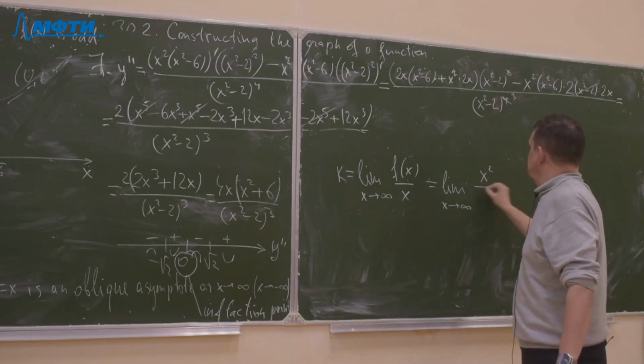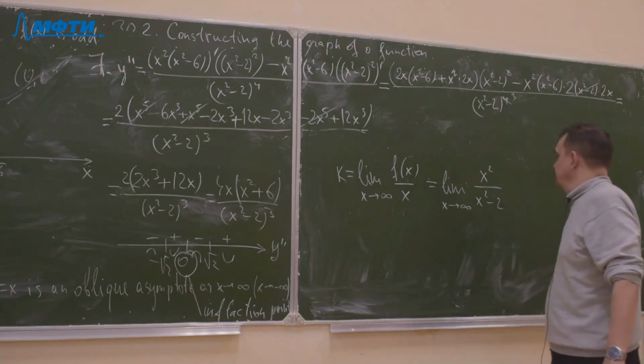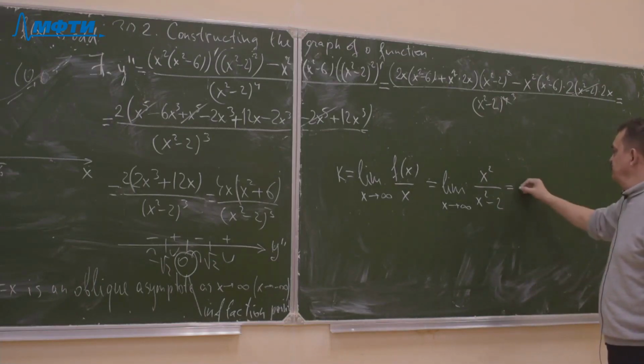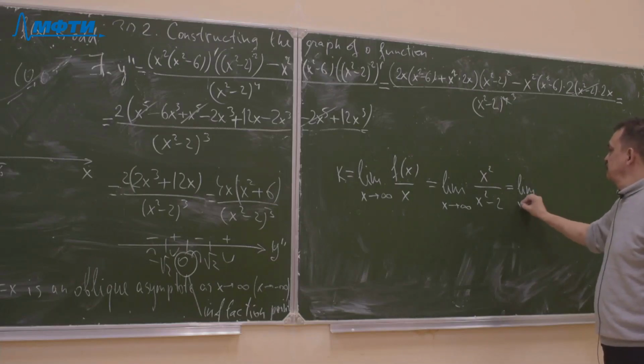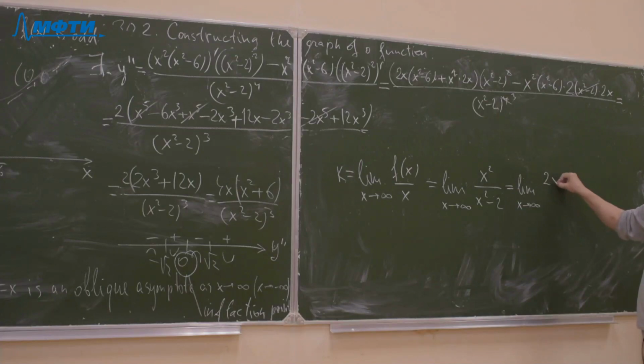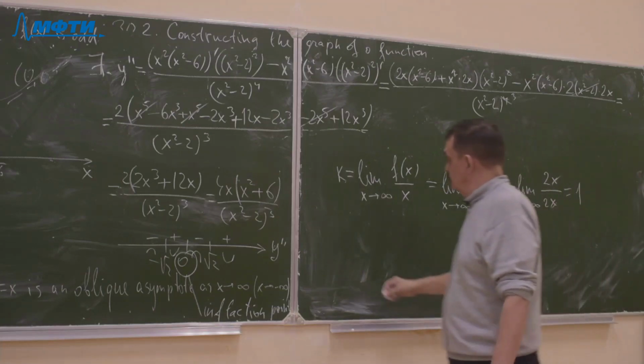So x squared over x squared minus 2 is infinity over infinity. Hence, we can differentiate both numerator and denominator. It gives that 1 and 1, right? So we can use also L'Hopital rule as well.